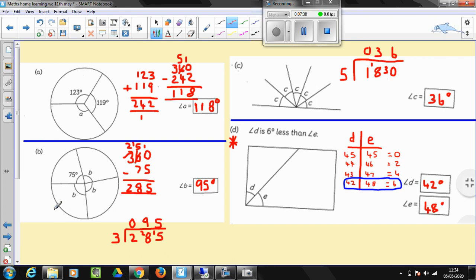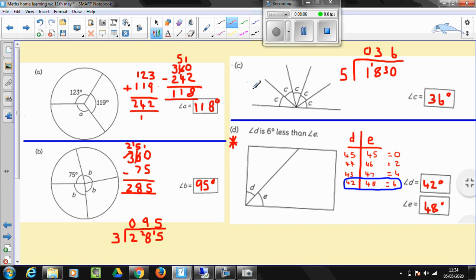For my second question, I know the total is 360 and I know that we've already used 75, so I took that away and I had 285 left. If these are all B, they must be the same size, even though the picture shows them looking a little bit differently. So I decided to divide what I had left by 3, and I got 95 degrees. So B is 95 degrees.